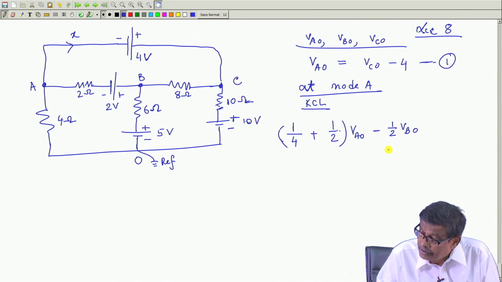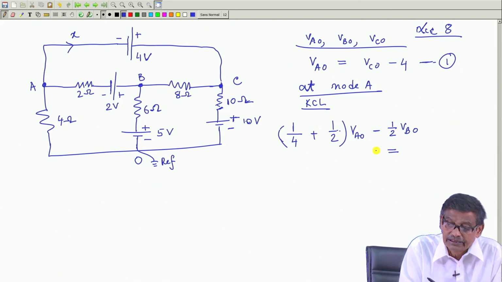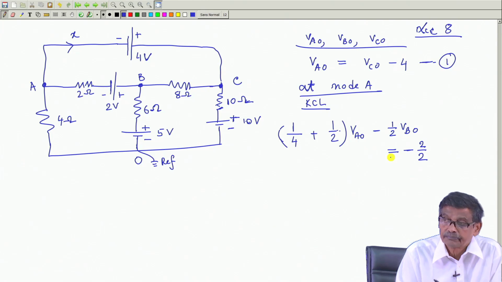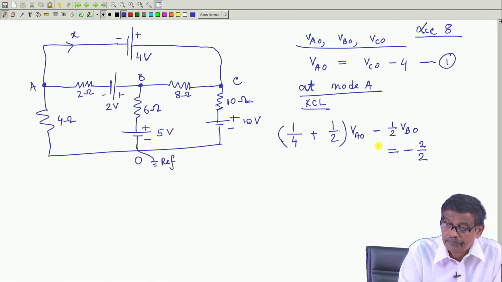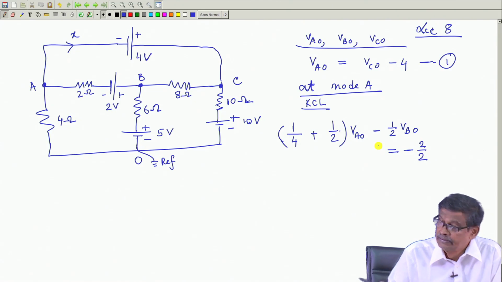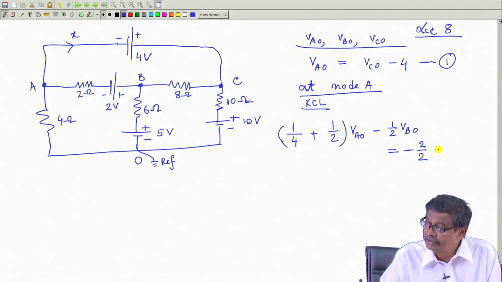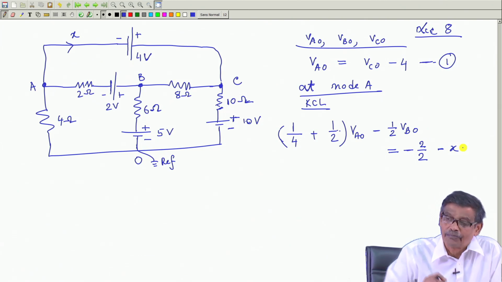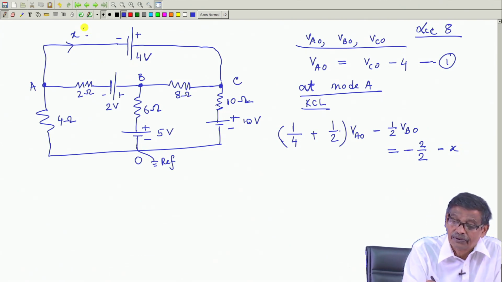So, this one I will write it as the sources connected at node A, that is minus 2 divided by this 2, and then another current is going away from node A. So, minus x, this way I will write then to avoid that problem. So, this is an unknown, mind you, unknown. I have assumed.